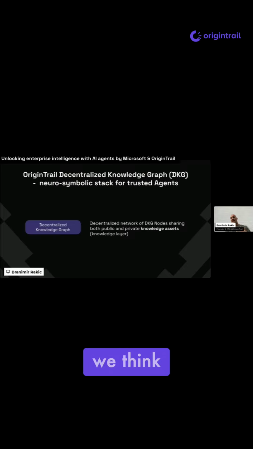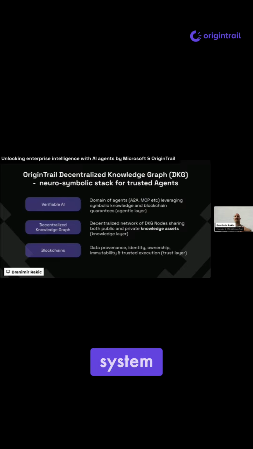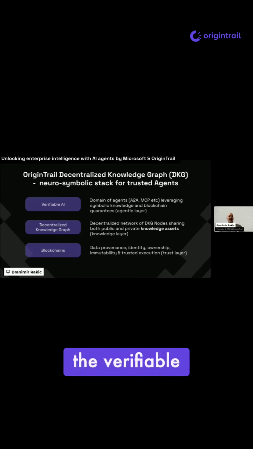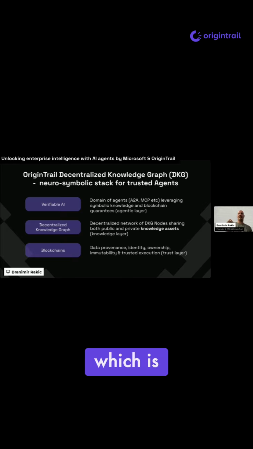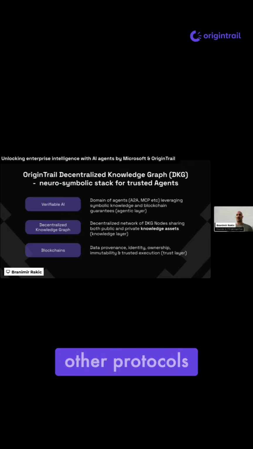So when we think about that three-layer system, we basically think about it from our perspective like this. We have a layer of agency, as we talked about it, on top, the verifiable AI in our world, which is where A2A, MCP, and other protocols really live.